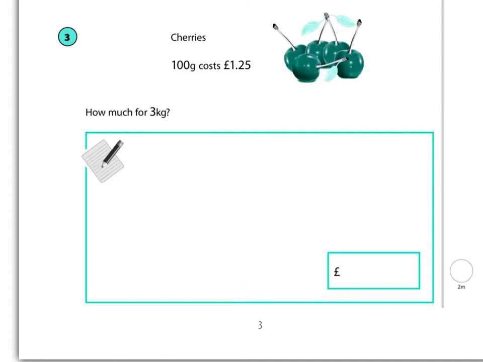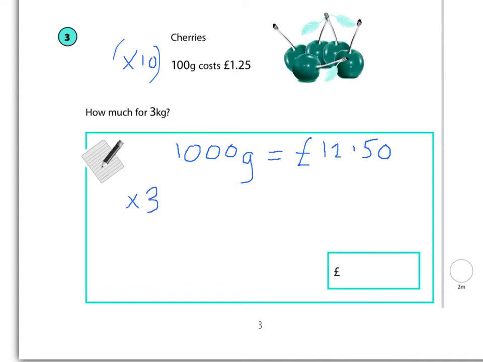If I multiply everything in the initial statement by 10, I would say 1,000 grams is going to be worth £12.50. But the question is, what is 3 kilograms going to cost me? Well, that would be multiplying that last answer by 3, which would give me 3,000 grams is going to be £37.50.